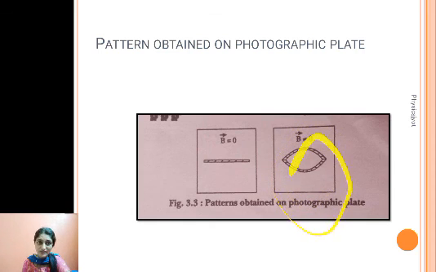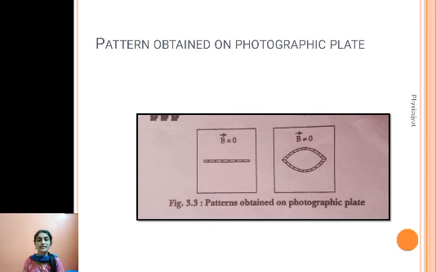Now if you see the splitting of these lines, at the center the splitting is maximum, and towards the ends we are getting lesser splitting, because the magnetic field is such that it is more intense at the knife edge, and at the ends it is having lesser magnetic field. Now we know that splitting of spectral lines takes place in the presence of a strong magnetic field.